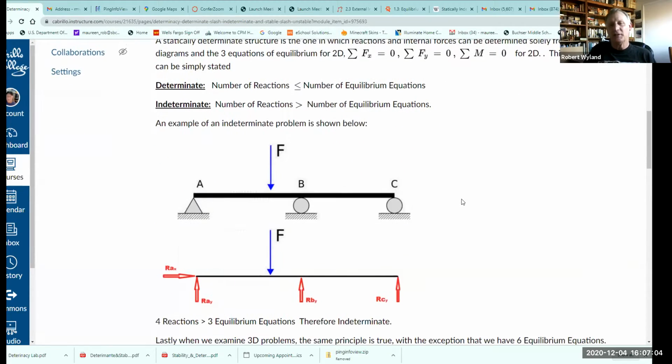But anyways, here's a Class C example. This problem here, pretty straightforward looking, but as you know, we have 4 reactions and we only have 3 equations. So this problem is what would be termed indeterminate. You couldn't solve it because you would have 4 unknowns and only 3 equations. And so you wouldn't be able to do this without some more advanced techniques.